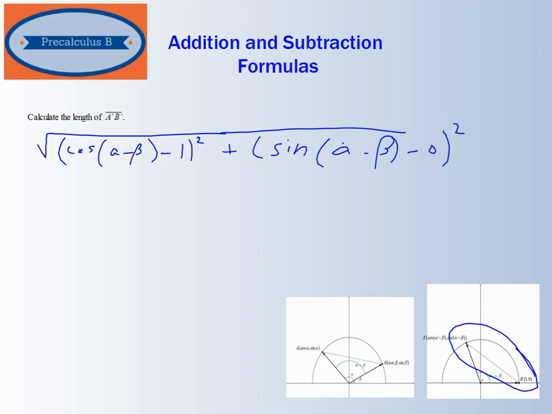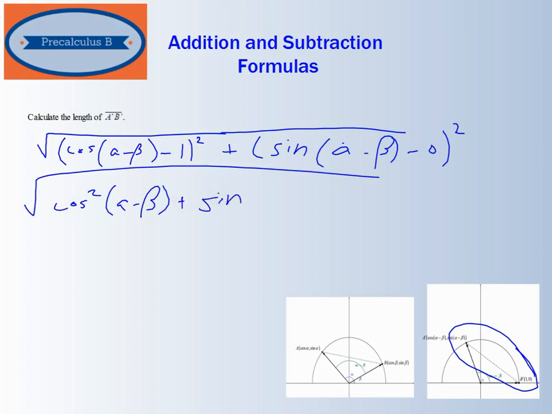And then we can multiply this out. We end up with the square root of cosine squared alpha minus beta plus sine squared, or actually, I'm skipping ahead. I'm just simplifying before I get there, putting the cart before the horse. So we're actually minus 2 cosine of alpha minus beta plus 1 squared.